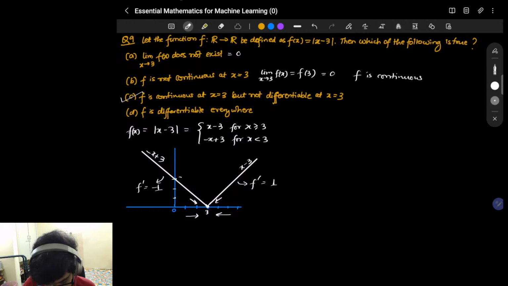So this point is 3, this point is 3. So this is how the function is. And if we draw line, then at 6 we have the value 3. So this is just I'm drawing the function.